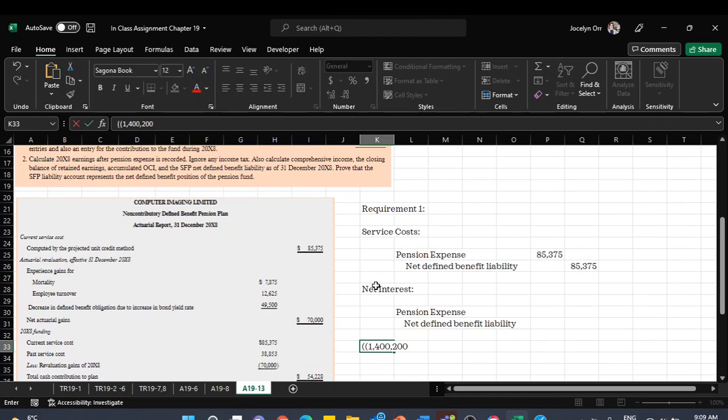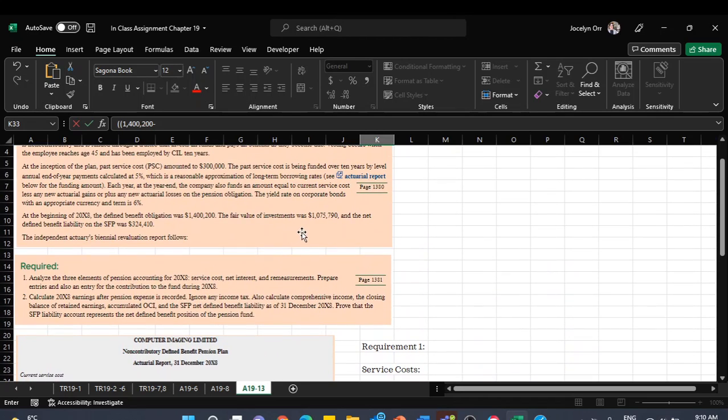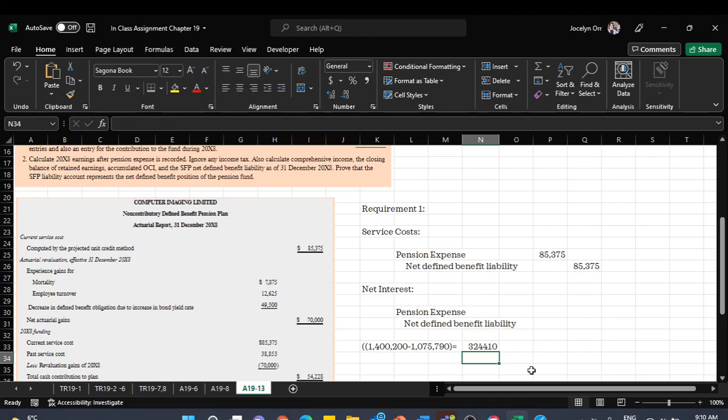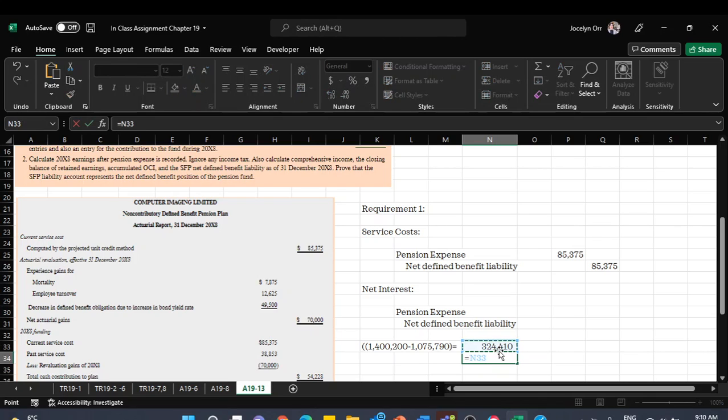Okay, I'm going to subtract from that the fair value of my investments, which is $1,075,790. Okay, and this is going to give me an amount of $324,410, which I'm going to multiply by our yield rate, okay, which in this case is 0.06.